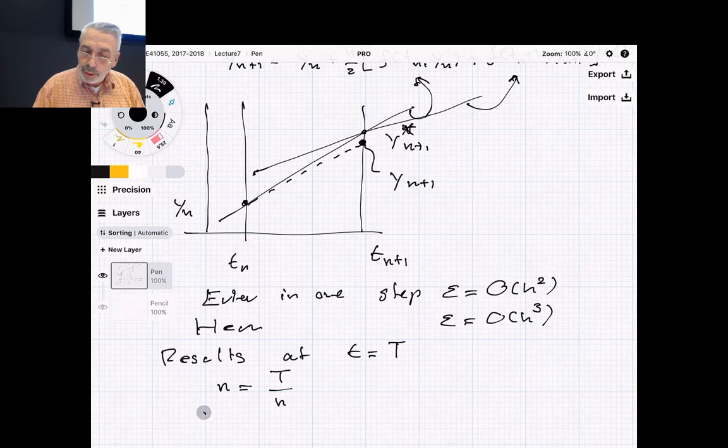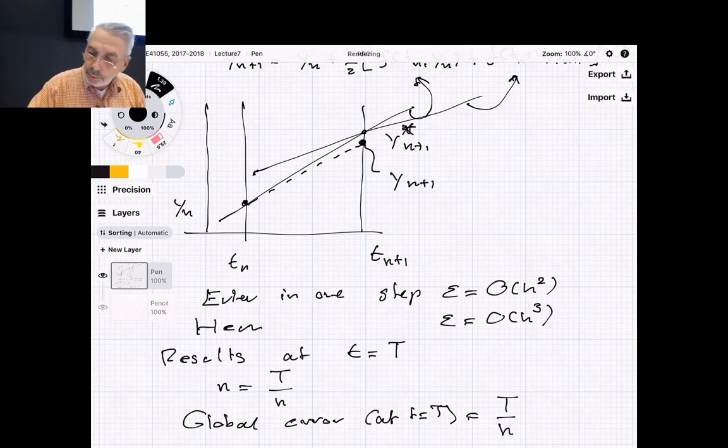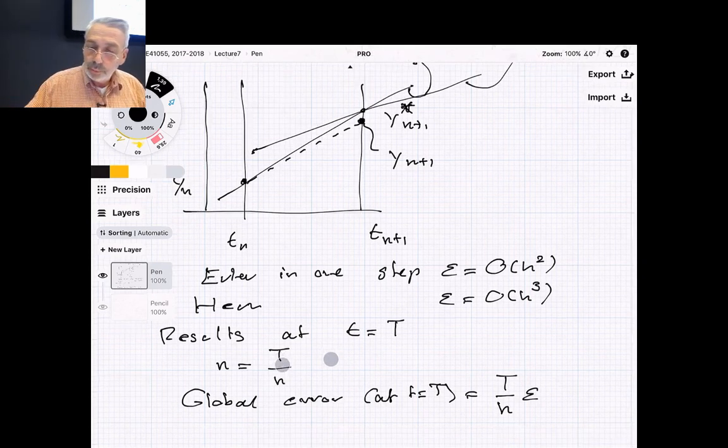So the global error, being the error at T, is equal to T over h times this local error, this epsilon. Meaning that of course the order goes down by 1.